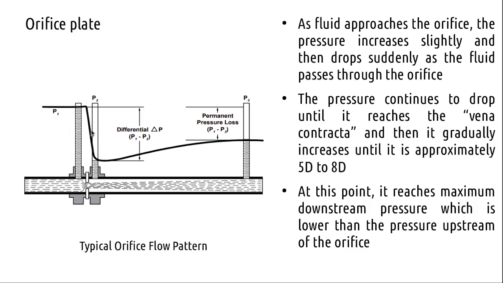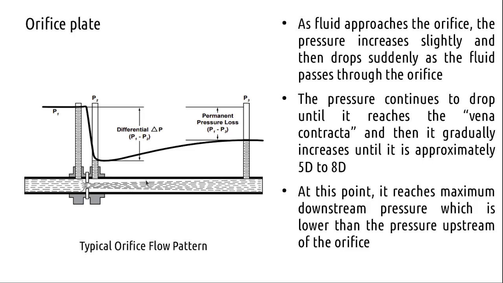So your pressure head is decreasing up to the vena contracta, and then it gradually increases. But it will never match up to P1. This is a permanent pressure loss, P1 minus P3. That's also really logical. So that is in fact a drawback of this orifice plate.